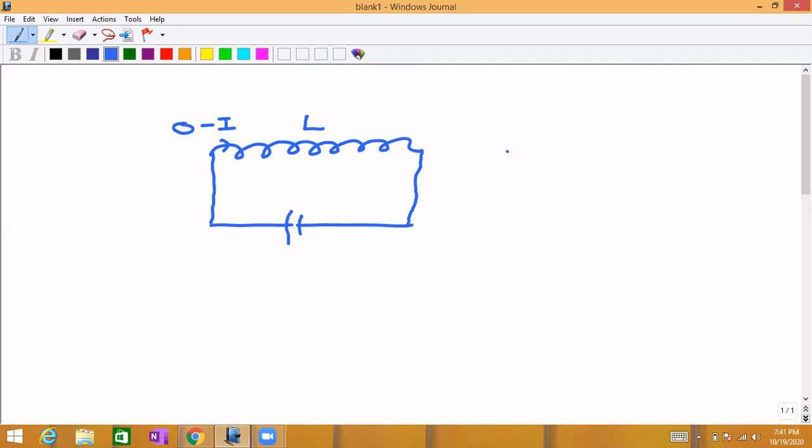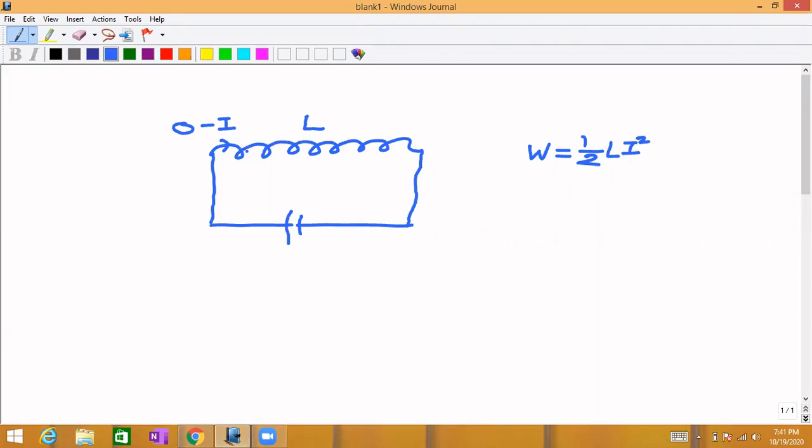So what was the expression? The expression of energy for building the current is W equal to half L I square. This amount of energy will be stored. Actually, this is the energy spent by some external agent to build the current.